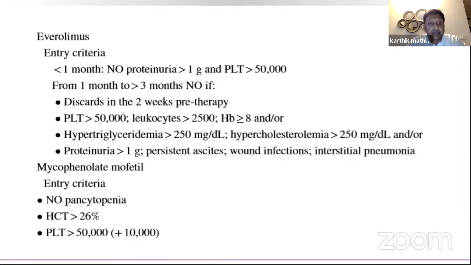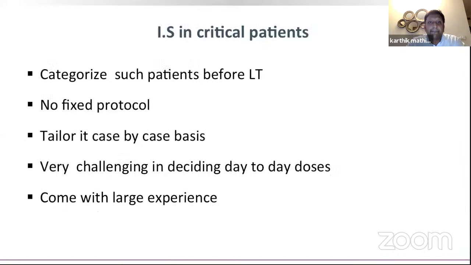Mycophenolate also has certain criteria where there shouldn't be much pancytopenia. We withhold mycophenolate if the platelets are not building up beyond 25,000, or the hemoglobin is always 7, or the WBC count is less than 2,000, because it's an anti-cell proliferating agent.